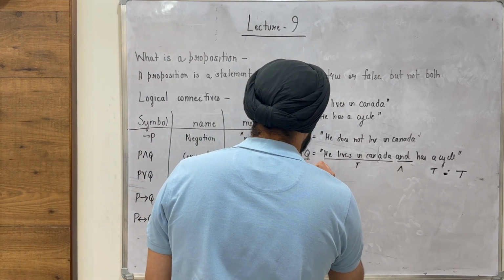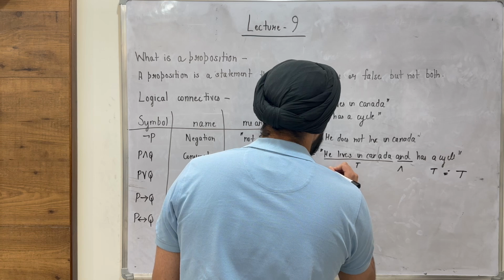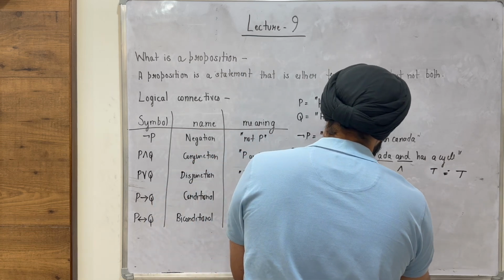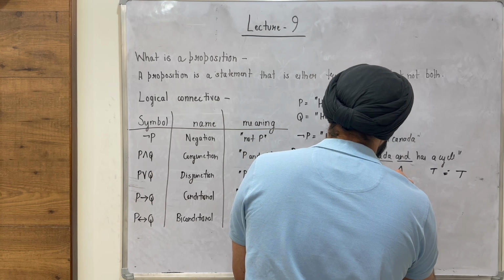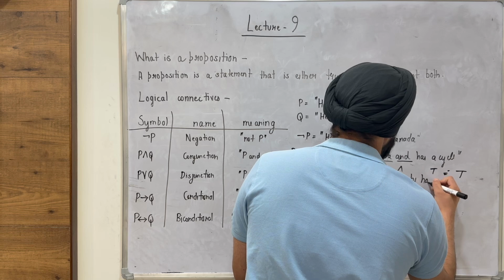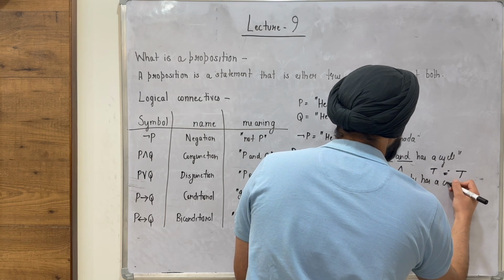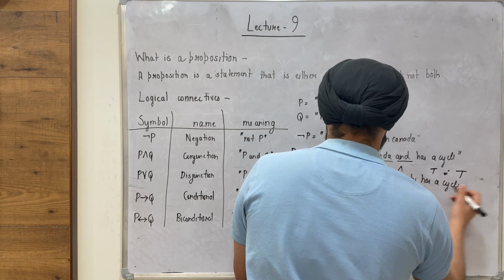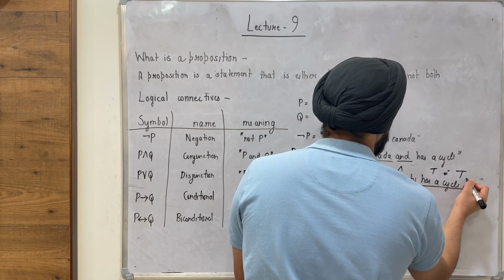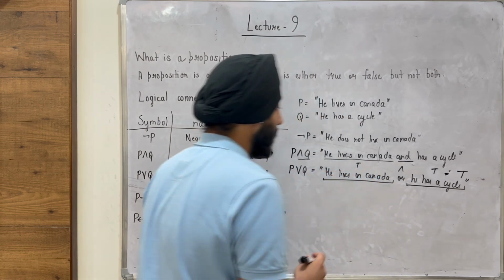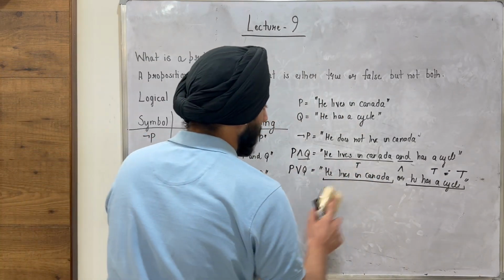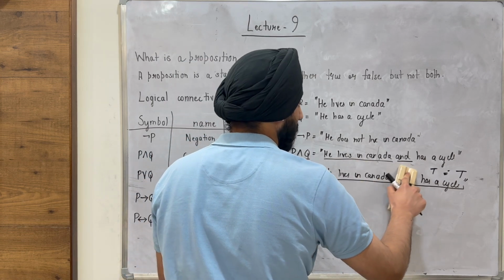So P or Q is simply going to be: he lives in Canada, or he has a cycle. Okay. So this is the first one and this is the second one. Let's try to understand how disjunction works. I'm just going to erase this portion.